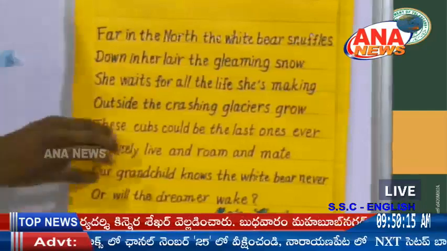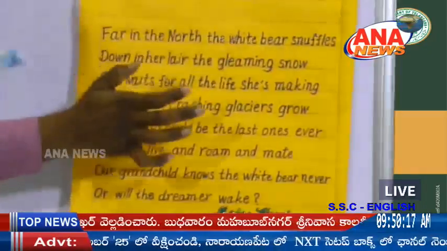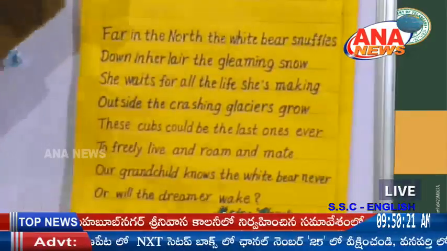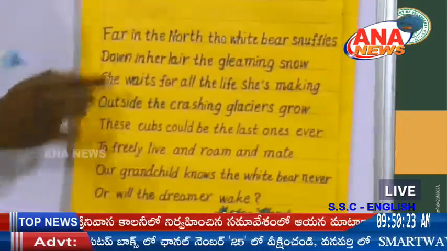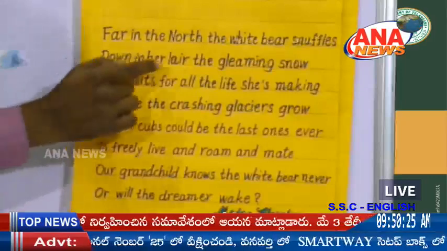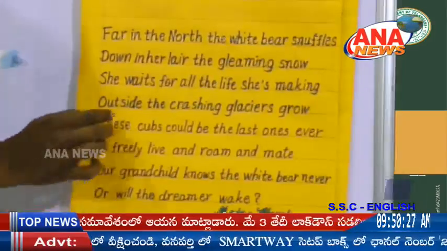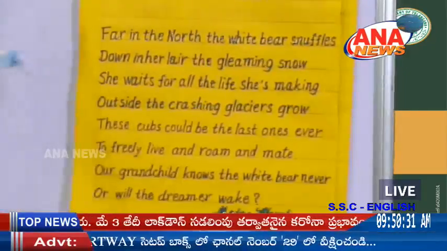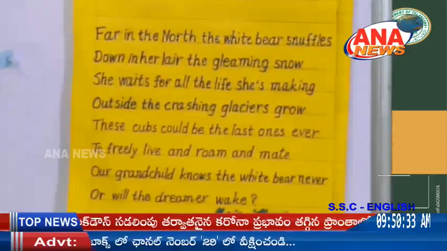So, my dear students, locations: jungle, snow mountains. Characters: the tigress, the cubs, the grandchild, the dreamer, the polar bear or white bear, bear's cubs, again the grandchild, again the dreamer, and the chorus is the common character in the poem.